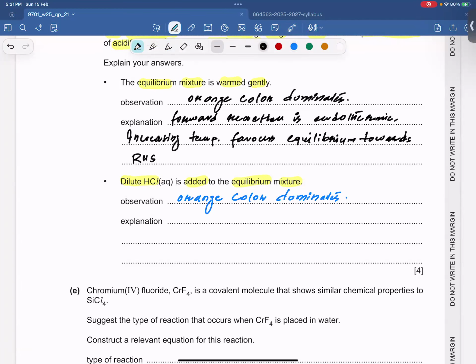Reason: adding HCl increases the concentration of hydrogen ion.